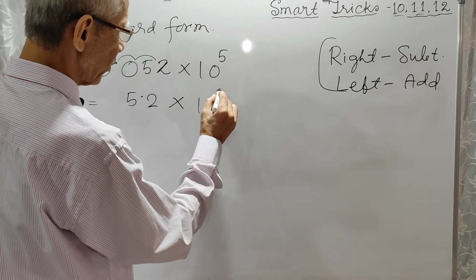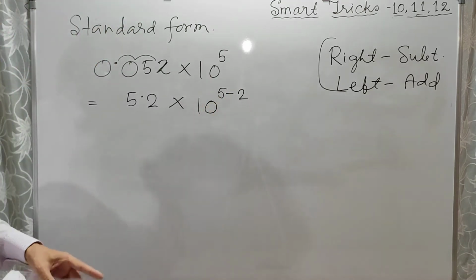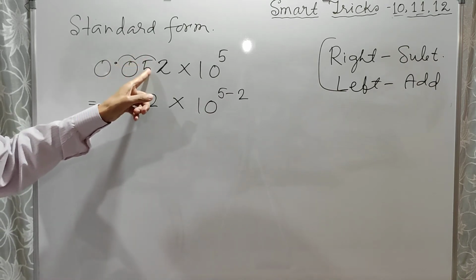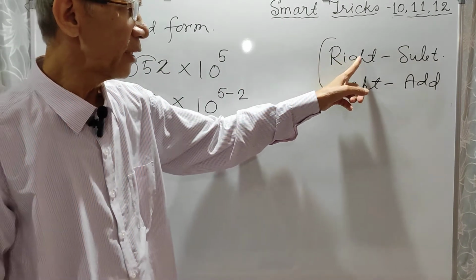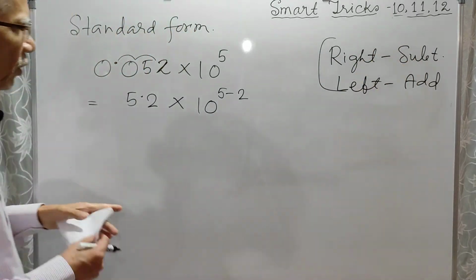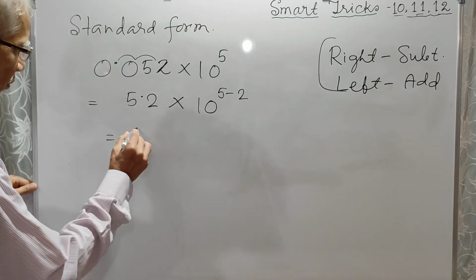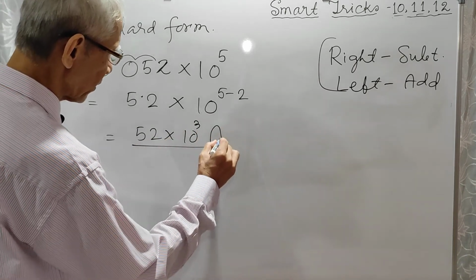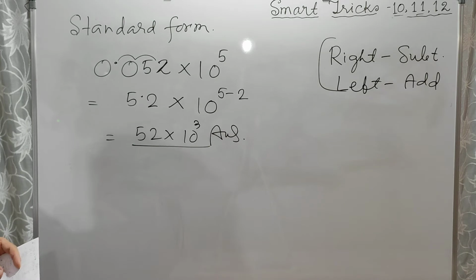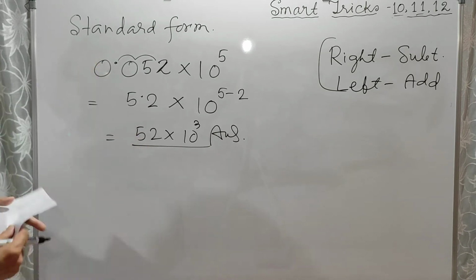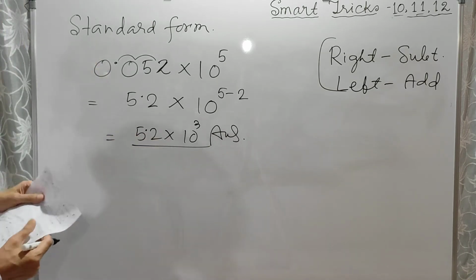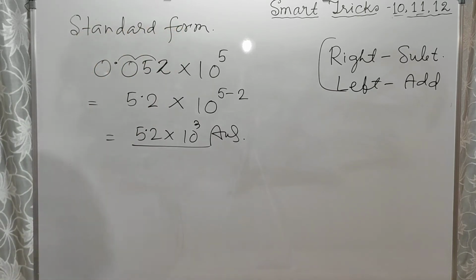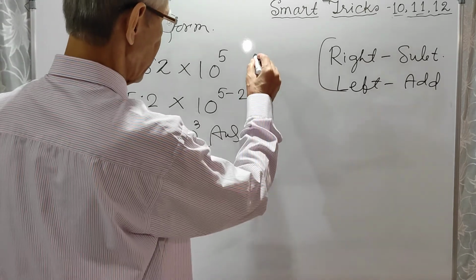So 10 to the power 5 minus 2. Why are we subtracting 2? Because we have shifted the decimal 2 digits to the right. So we have subtracted 2. So it becomes 5.2 into 10 to the power 3. This is the final answer. This is called standard form: 5.2 into 10 to the power 3. Okay. All right. Let us see another example.